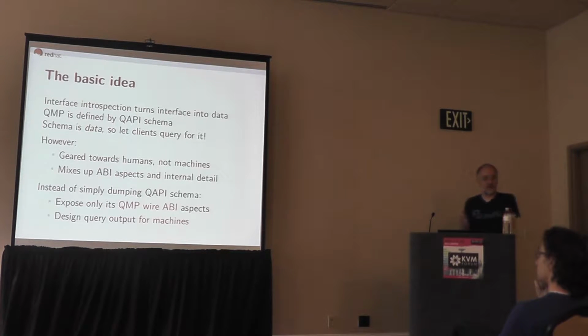This looks like a good idea, but actually isn't, because the schema is geared toward humans, not machines. And more seriously, it mixes up ABI aspects with internal detail. So a refinement of the idea is, instead of simply dumping the QAPI schema, you expose only its QMP ABI aspects in a format that's easily consumed by machines.